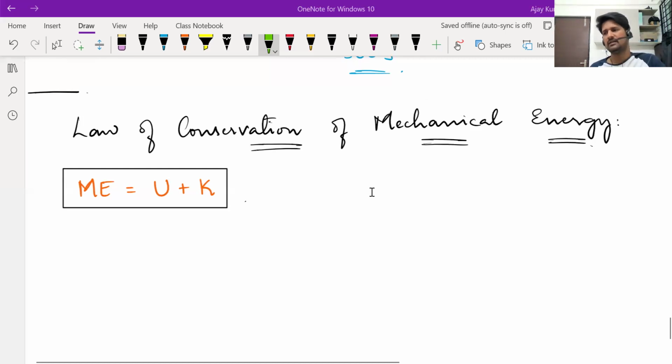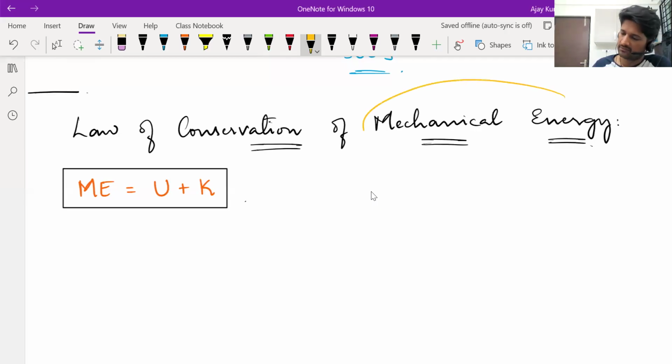And last class, and maybe the class before that also, we had talked about conservative and non-conservative forces. Conservative forces conserve, they preserve something. This is what they preserve. Conservative forces cannot change and will not change the mechanical energy of a system.